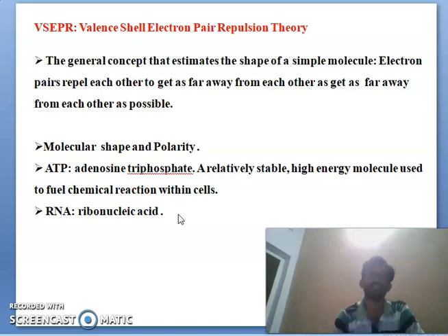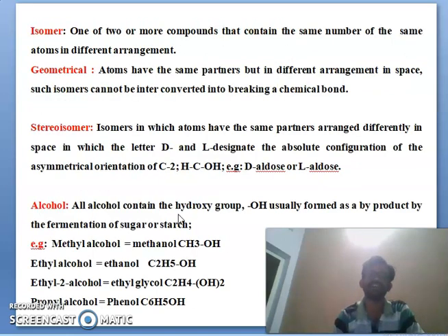Next, the RNA abbreviation: ribonucleic acid. Next, isomers. What are isomers? One of two or more compounds that contain the same number of the same atoms in different arrangements. That is called isomers.